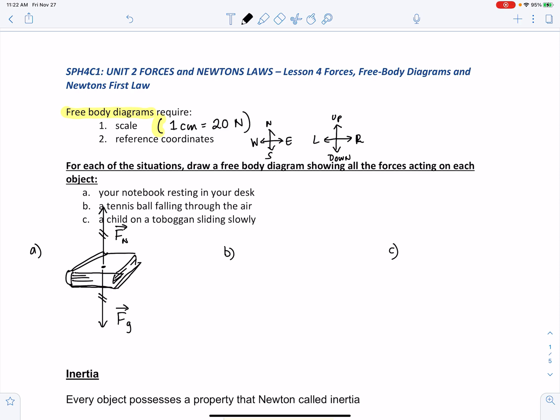Okay? The second force diagram that we're going to draw is the forces that are present on a tennis ball that is falling through the air. So let's draw this tennis ball.